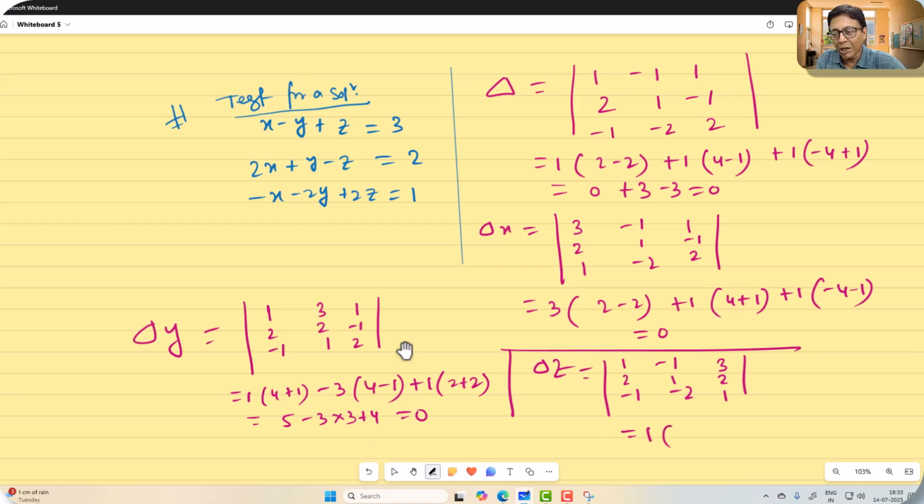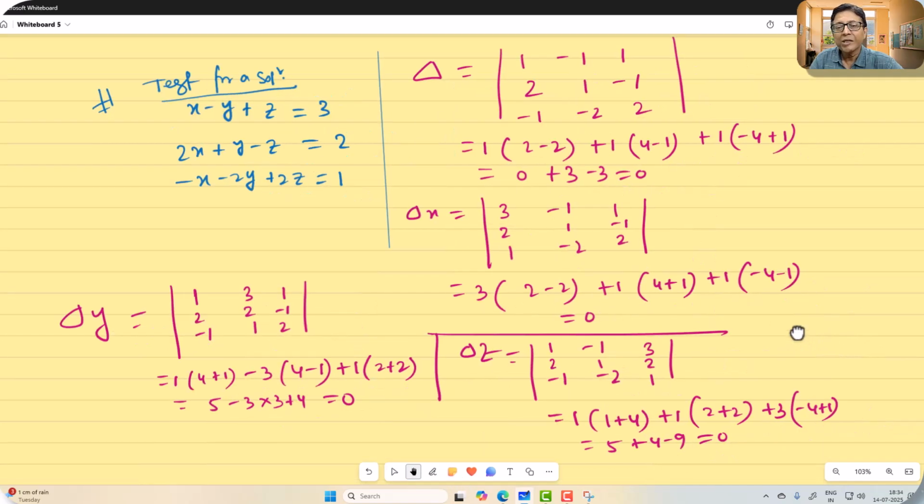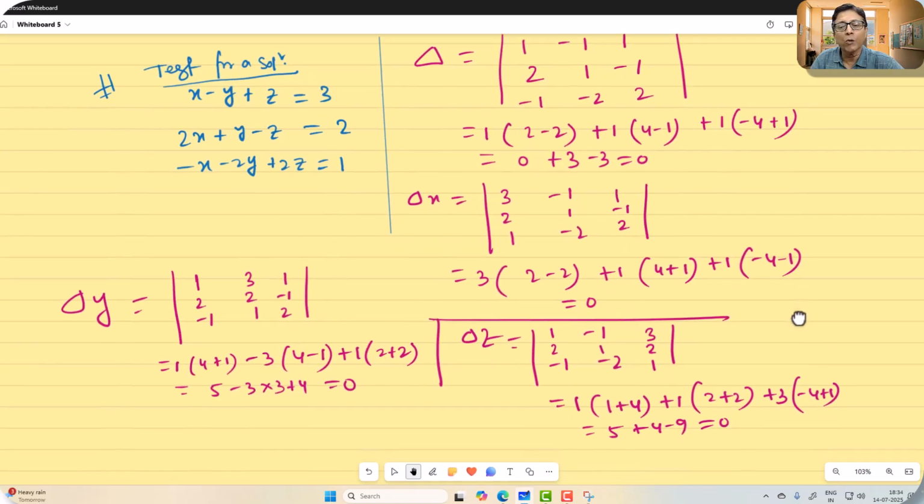This will be 1 into 1 plus 4 plus 1 into 2 plus 2, 3 into 5, 4 minus 9, that is 0. So this is the case where you are getting the values of all 4 determinants equal to 0.